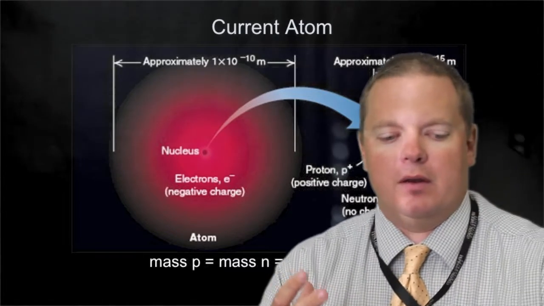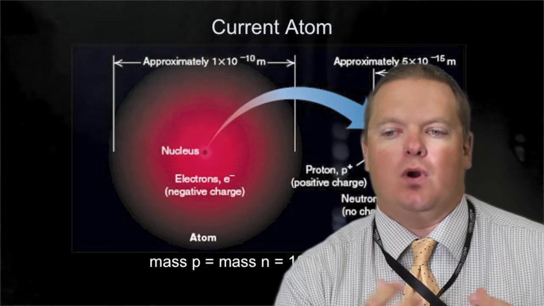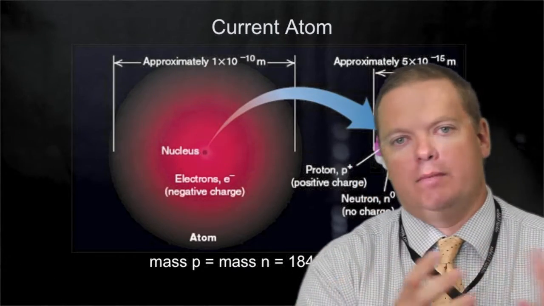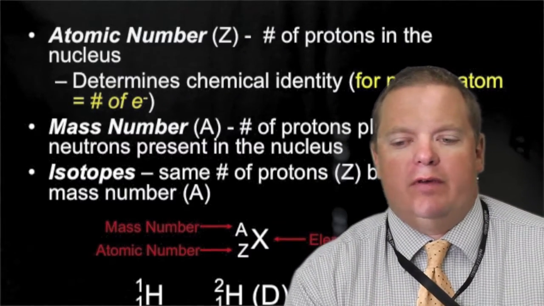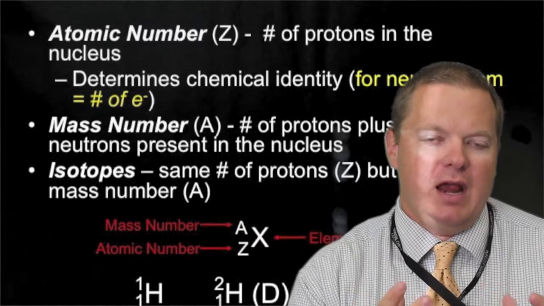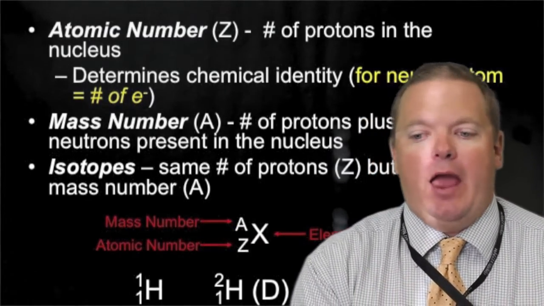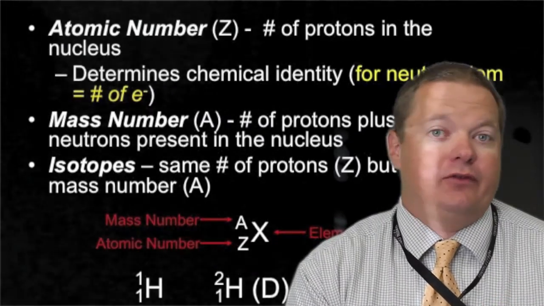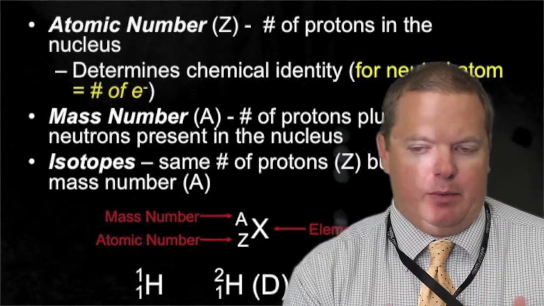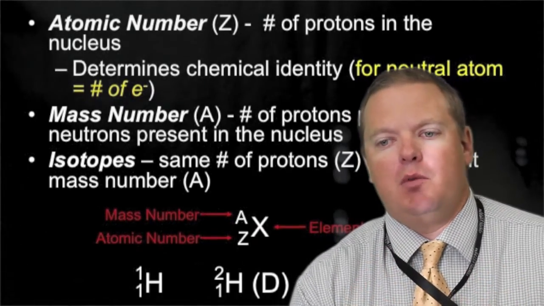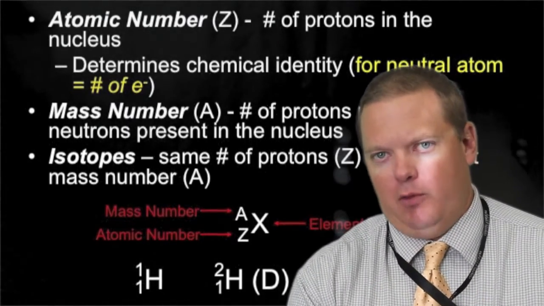So now let's talk about how we can classify our shorthand notation for these atoms and connect individual atoms to different element types. We have developed this shorthand notation where we abbreviate each element by an elemental symbol. Here I'm showing that symbol as an X. On the left-hand side, in the subscript, we put the number of protons, which we abbreviate capital Z. This atomic number, the number of protons, is how we identify an element.